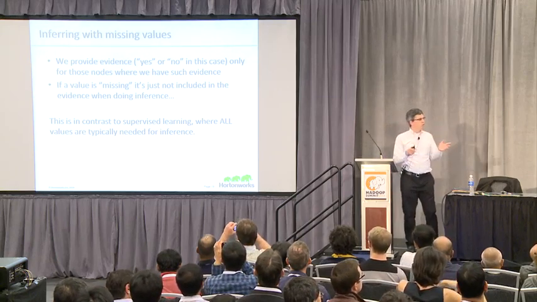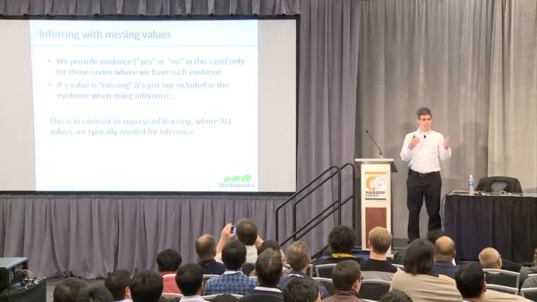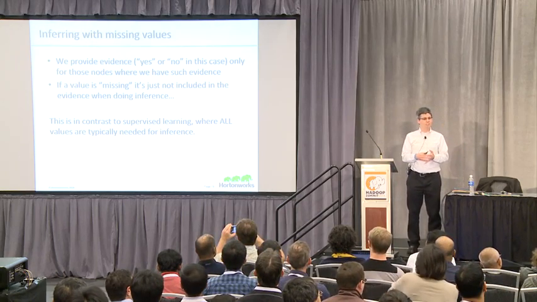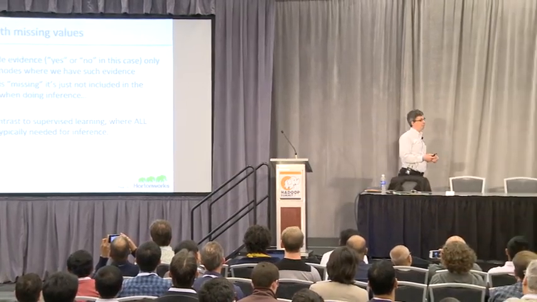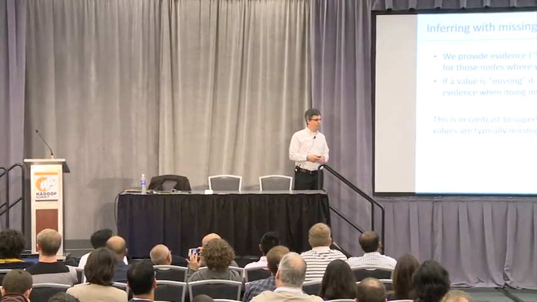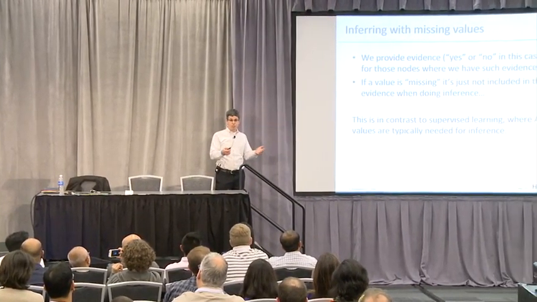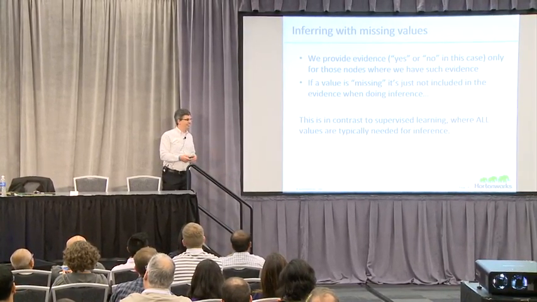And this is really important. I mentioned this earlier. This is one of the things I like about Bayesian networks: in inference, specifically, you don't have to have all the data. In a lot of very practical applications, we don't have all the data. We talked about medical here. You can imagine a lab that's used to diagnose someone, but if they haven't done the lab, you don't have the data.